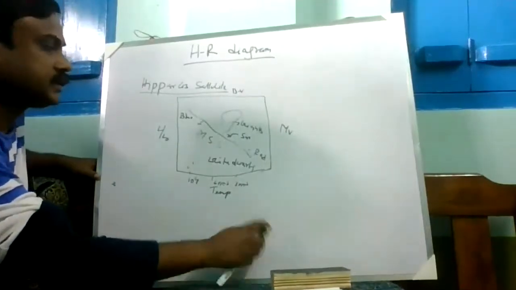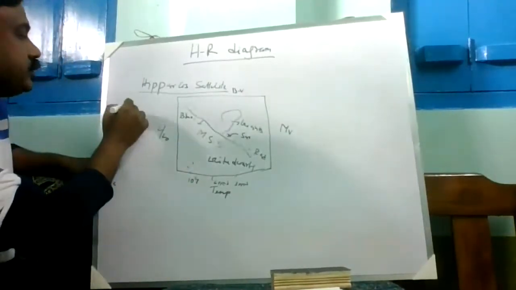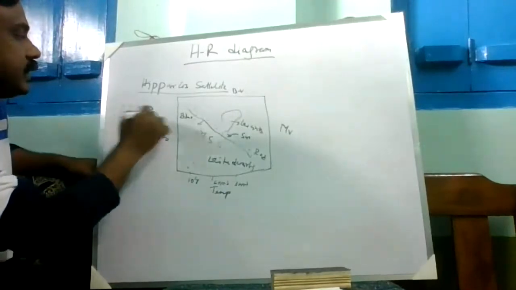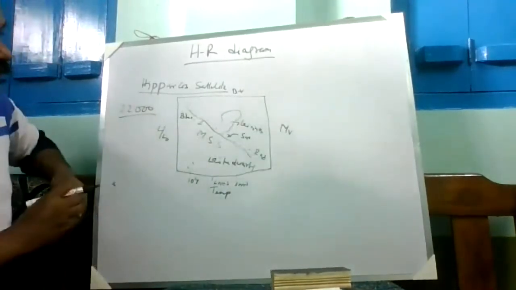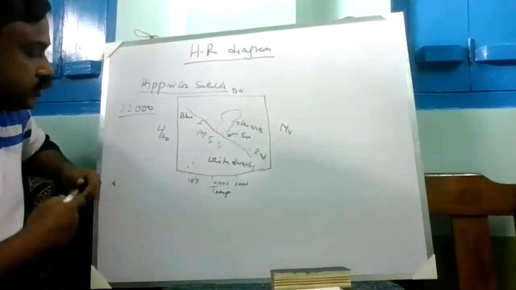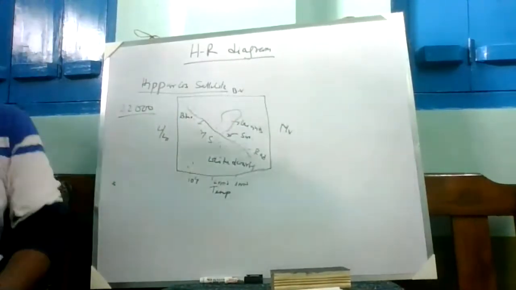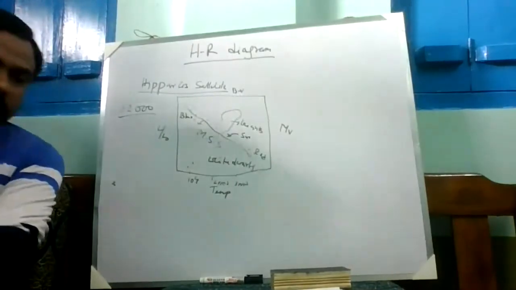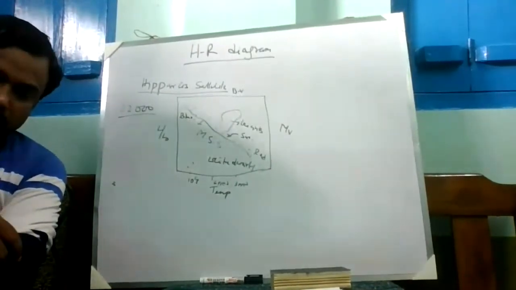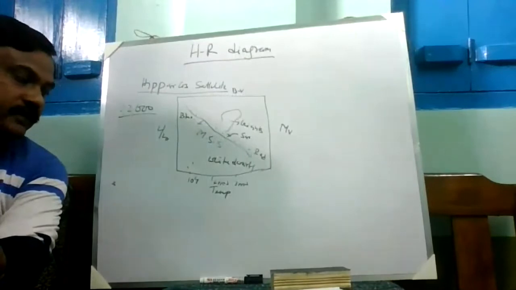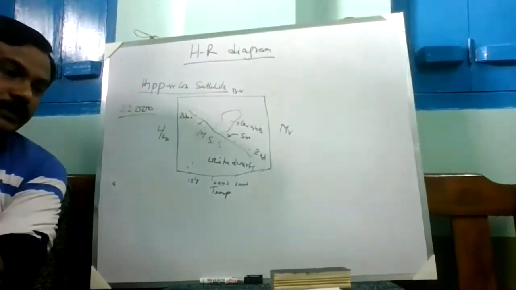In this classification, nearly 22,000 stars are plotted in this diagram. Most of the stars are main sequence stars. Very few stars are in the giant phase, and very few are white dwarfs.